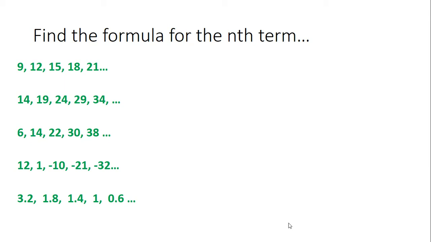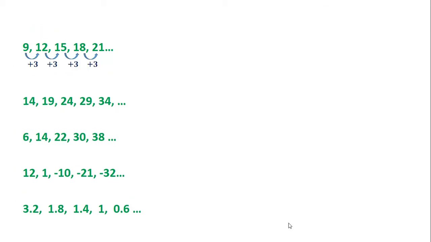So for the first one, we need to start by looking at the gaps in between each of the terms, and hopefully you'll notice that it's adding 3 each time. So because it's adding 3 every time, that means it's related to the 3 times table. We then need to work out the shift. So if we write the 3 times table above our sequence, we can then compare our blue times table with the original sequence to see what shift has happened.